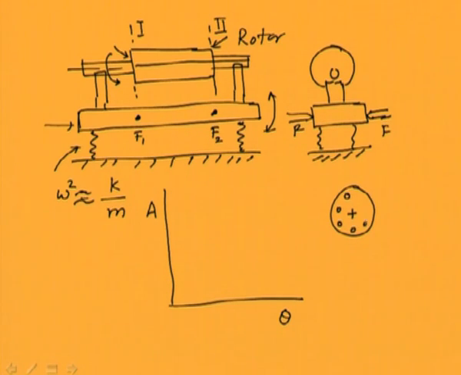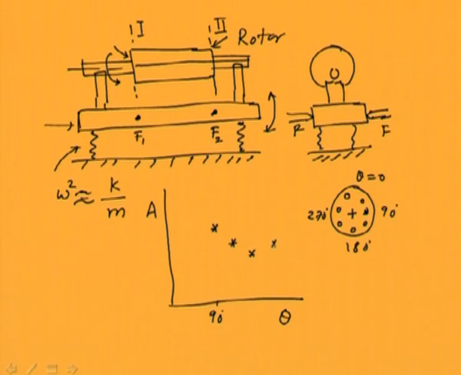Various angles are given, theta 0, maybe 90, 180, 270 like this, and we can put the unbalance at various positions. Let us say at 90, initially we measure the amplitude of vibration. Let us say it comes this much, corresponding to 90. Then we can change the position of the unbalance somewhere else and measure the unbalance response. Let us say it comes here.